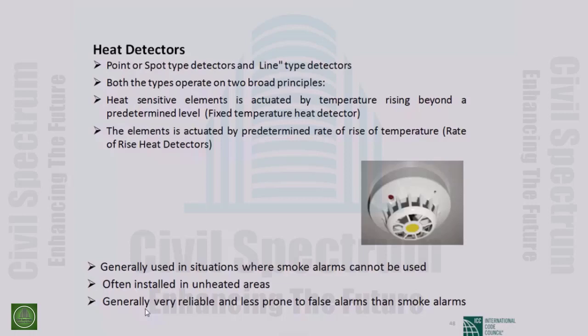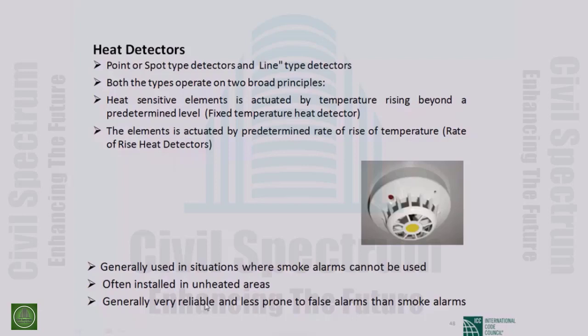This is an example of a heat detector. Point or spot type heat detectors are found. Both types of heat detector have a heat-sensitive element. It can be a fixed-temperature detector or a rate-of-rise heat detector. So heat can be detected in two ways: the temperature or the rate of rise of temperature. By reading the temperature rise, the system can detect.